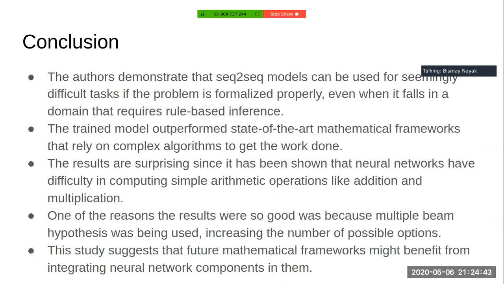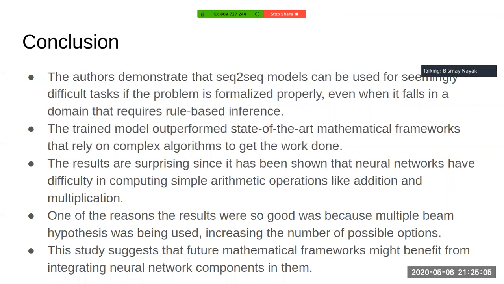If we can bring together what needs to be put into the model, we can solve tasks that would require rule-based inference. The trained model easily outperformed the state-of-the-art mathematical frameworks that are being used right now.